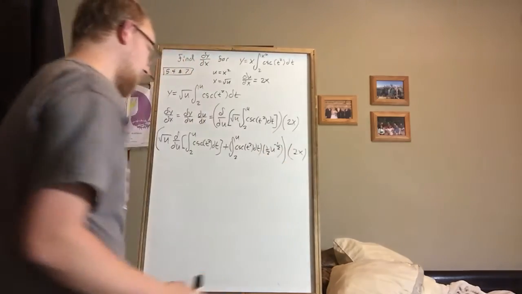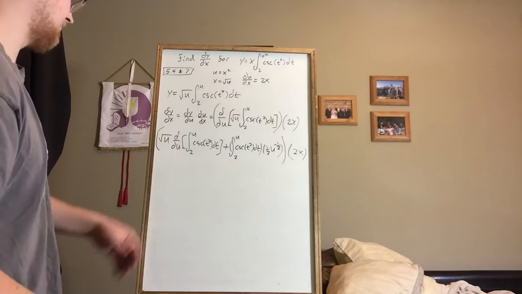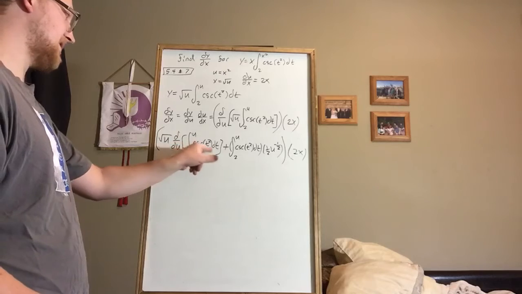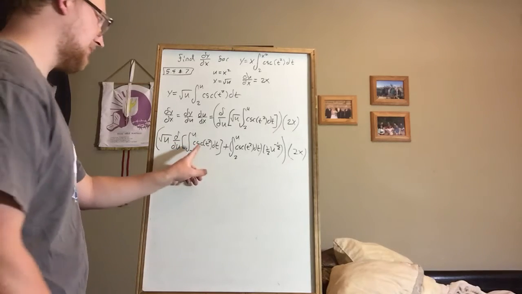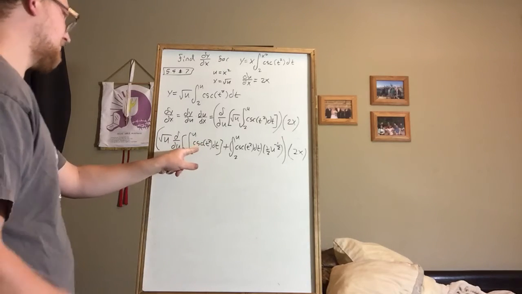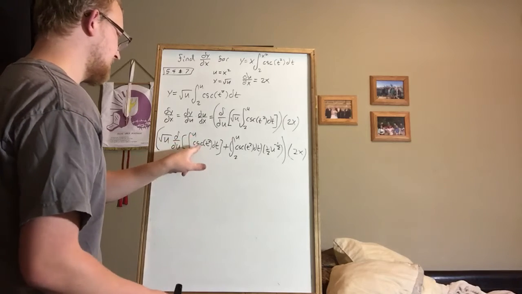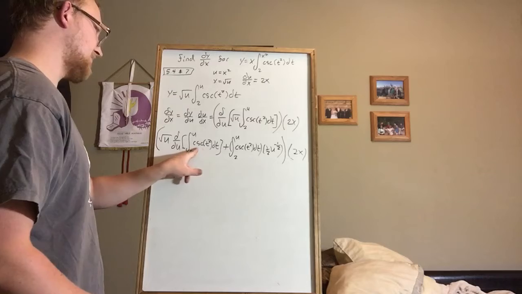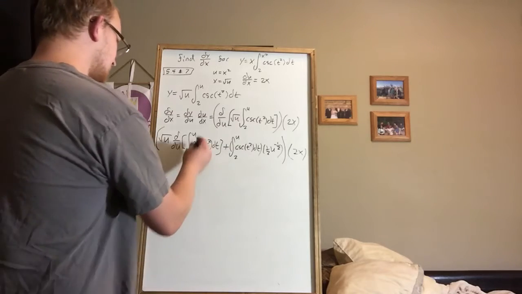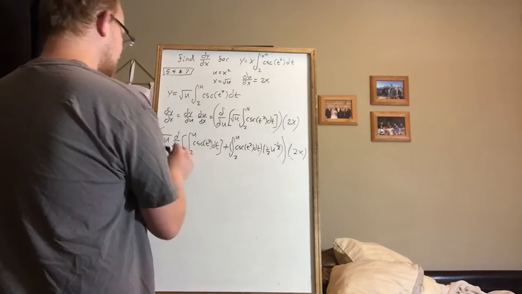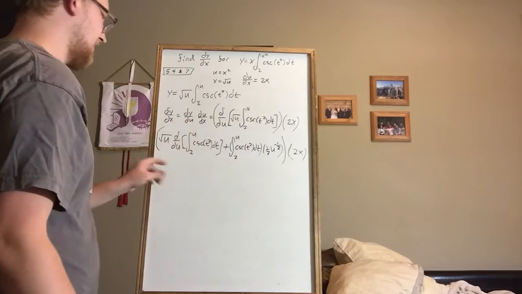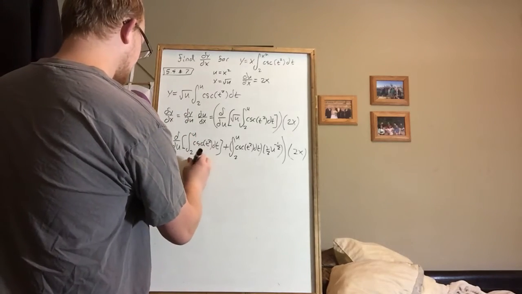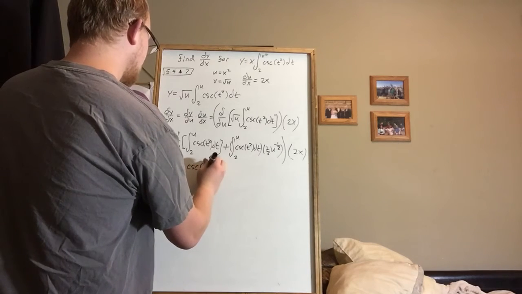Alright, so here's where we're at. We can simplify a little bit. Looking at d/du of the integral from 2 to u of cosecant t squared dt, we can use the first part of the fundamental theorem, because this goes from a constant to a single variable, and just replace t with u. So it's equivalent to cosecant of u squared.